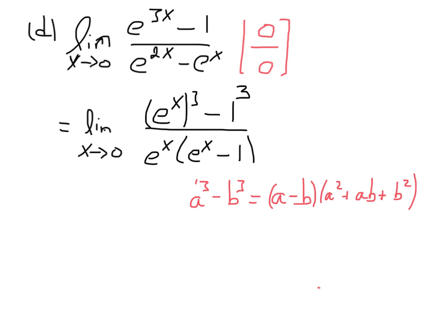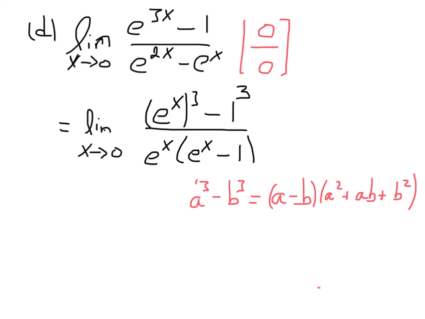That's the factorization of a cubed minus b cubed, one that we want to know. If you don't see that, you can always multiply this out and check that you get what you have on the left. Here we have an a cubed, and here we have a b cubed. We can write this as a minus b times a squared plus ab plus b squared, where a is e to the x and b is 1. So let's do that.